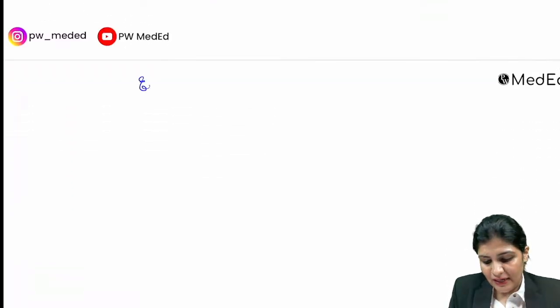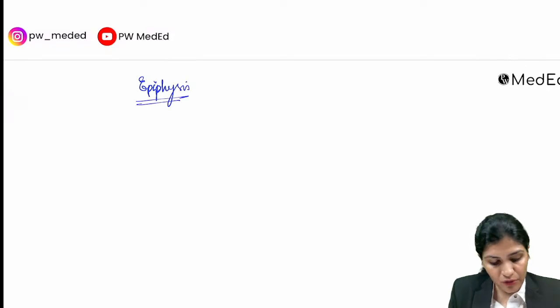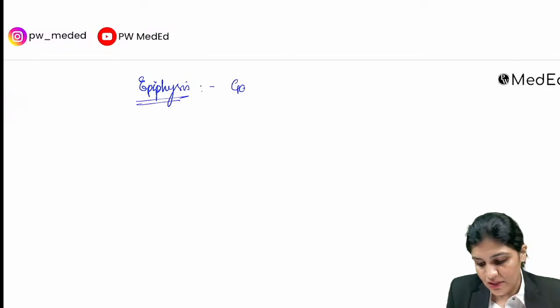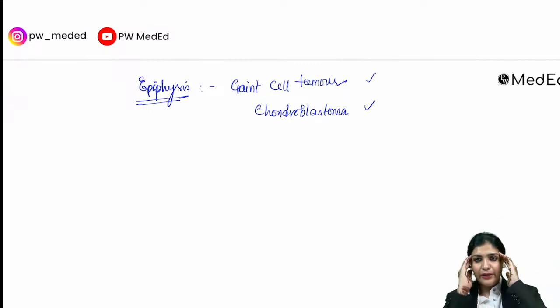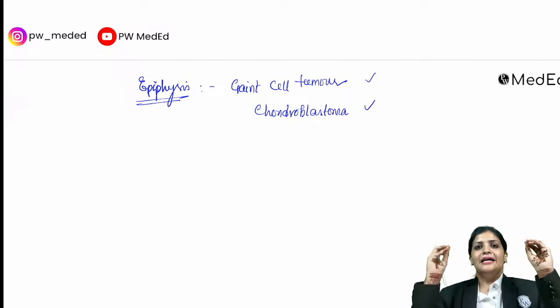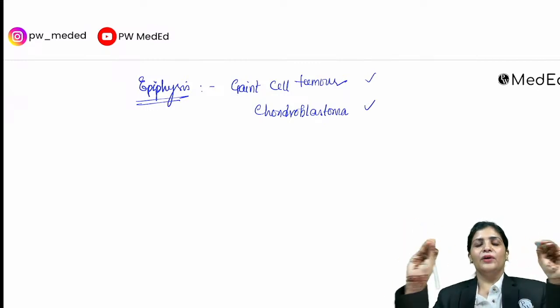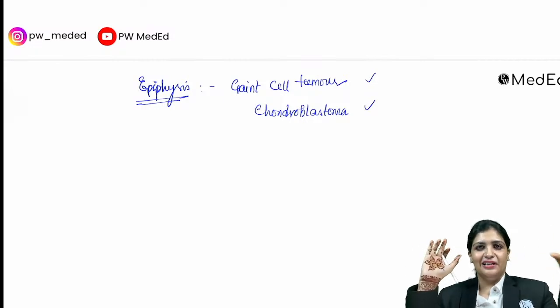If you see involvement of the epiphysis, there are only 2 conditions. One is giant cell tumor, and the second one is chondroblastoma, right? So giant cell tumor and chondroblastoma are the only things which should flash in your mind whenever you see the epiphyseal region.